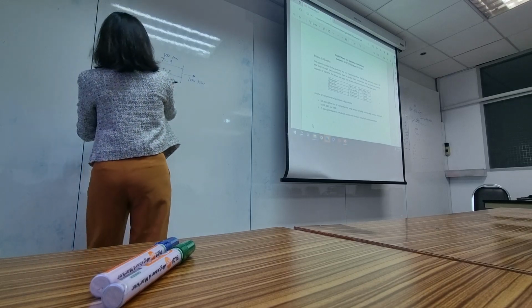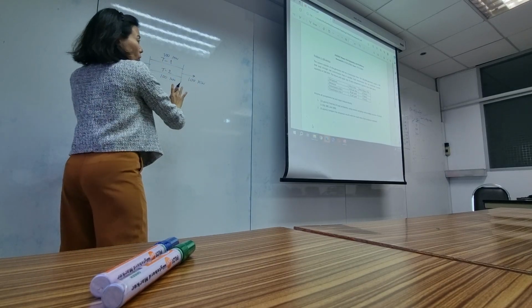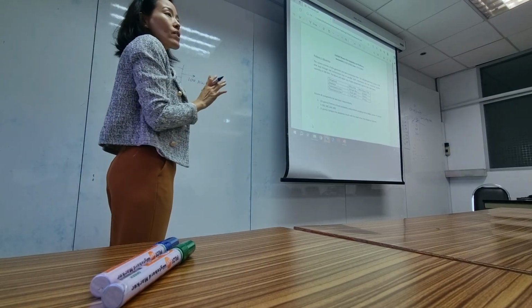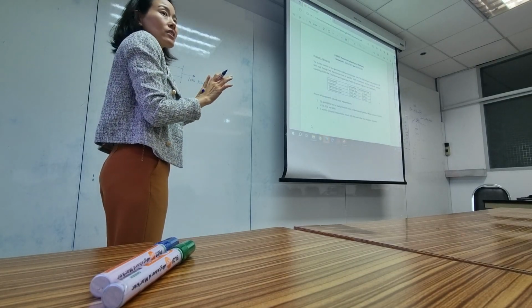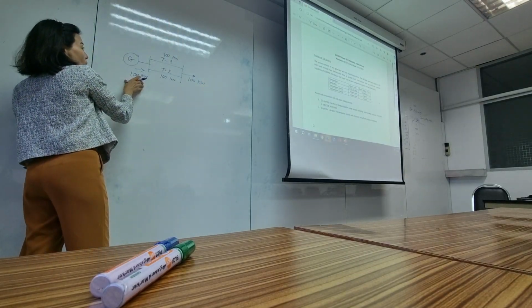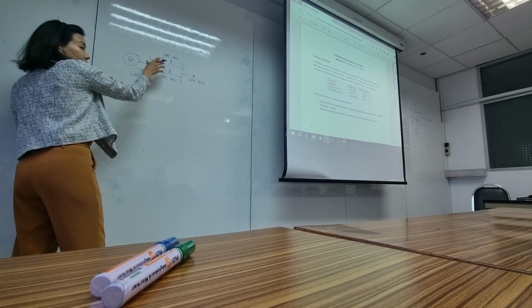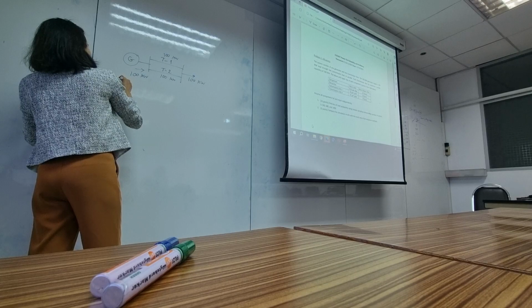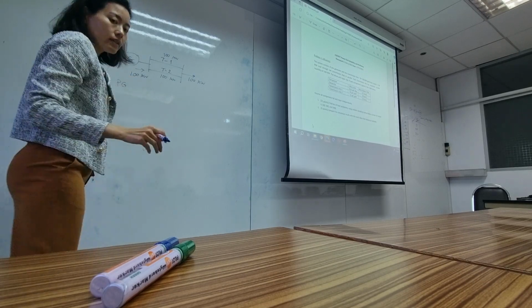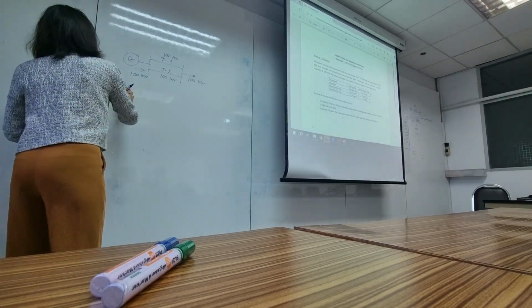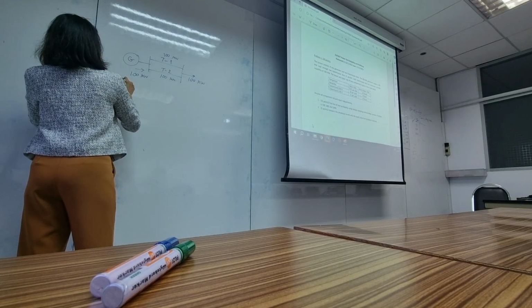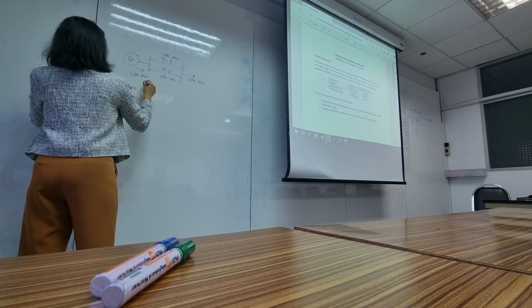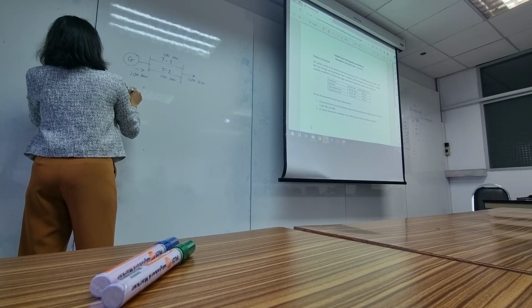Right? Because the load is just fixed at 100. So it means that you need to find the probability of these three. You first find the probability when generation is 0.